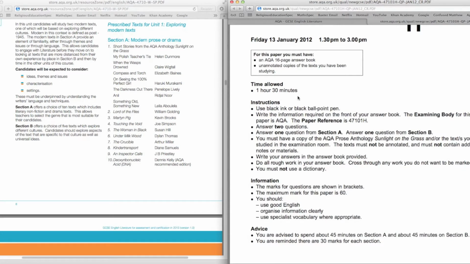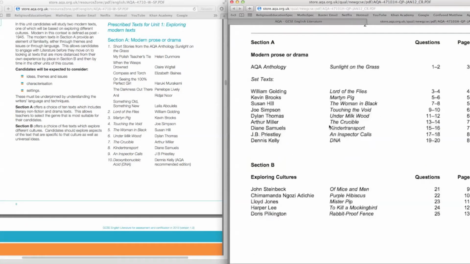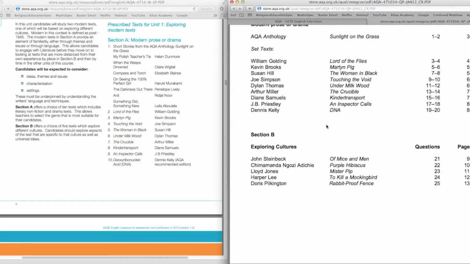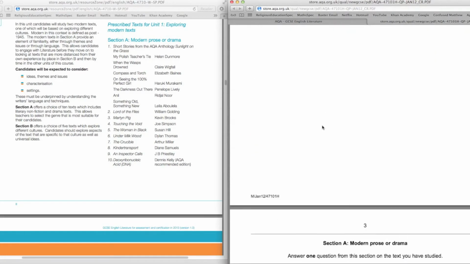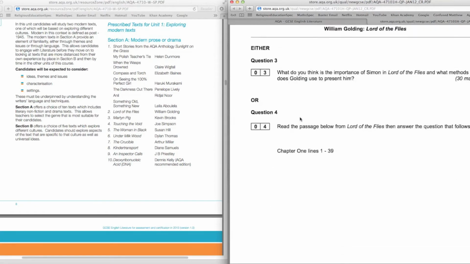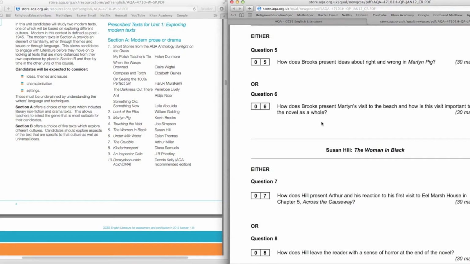The first thing I noticed looking at instructions is that it says answer 2 questions just here. Scrolling down, you can see already there's different stories you can choose from, and there's a lot of different questions. There's question 1, or question 2, or question 3, or question 4, or question 5, or question 6.